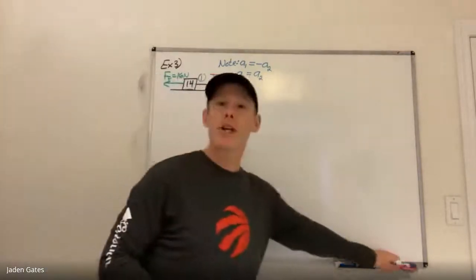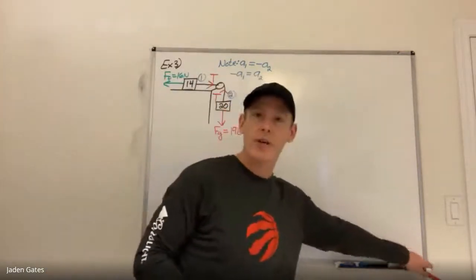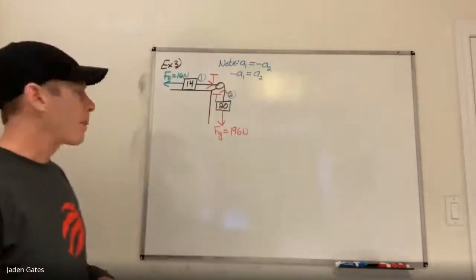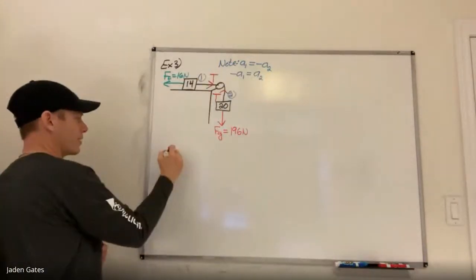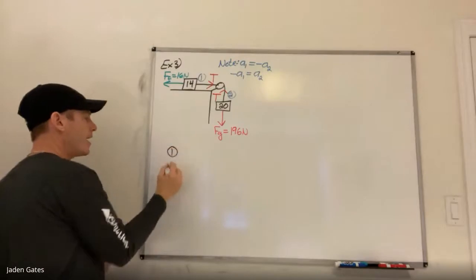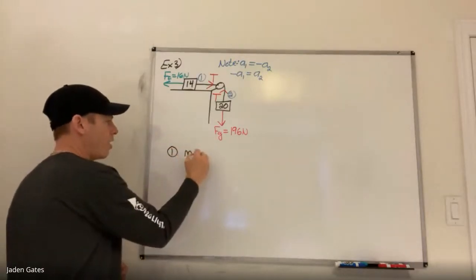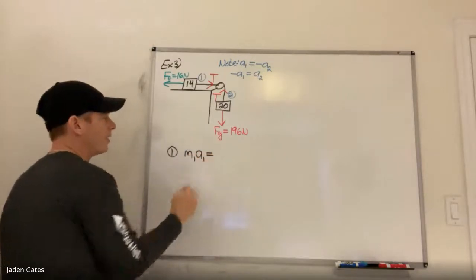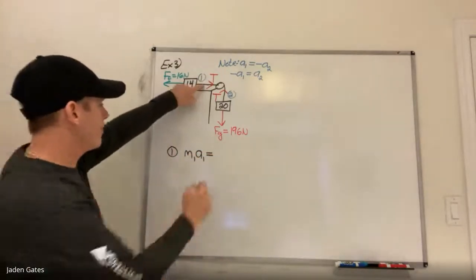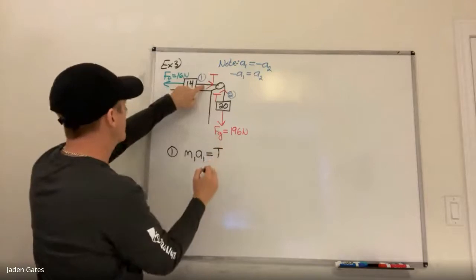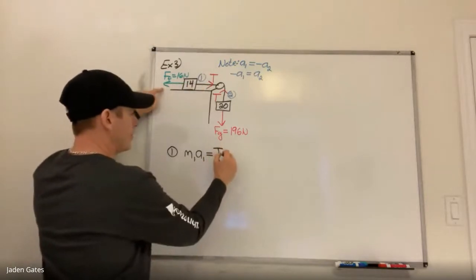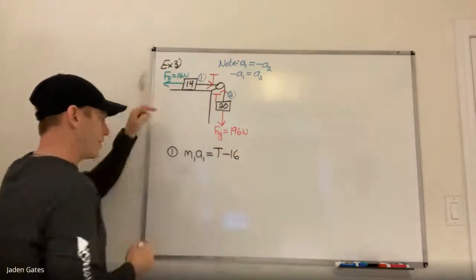All right, so I've got my diagram drawn in there. So I'm going to come up with my two equations again, and again, solving the system of equations. All right, so my first object. Again, my net force is equal to MA, or in this case, M1 times A1. Now, I have this tension force pulling to the right, but I have friction here pulling to the left, so I'm going to have a minus 16.